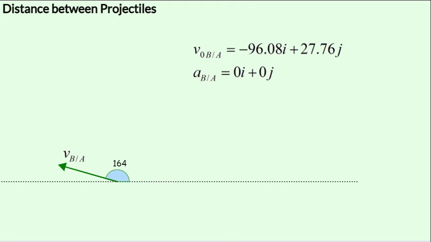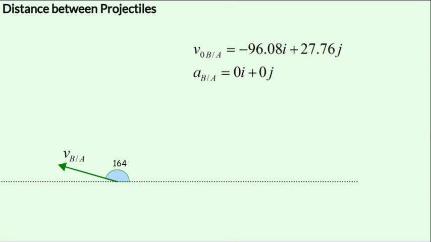The initial displacement of B with respect to A will be 0 since they start off together. The initial velocity of B with respect to A will be the initial velocity of B minus the initial velocity of A, or V0B minus V0A, which is minus 96.08i plus 27.76j.